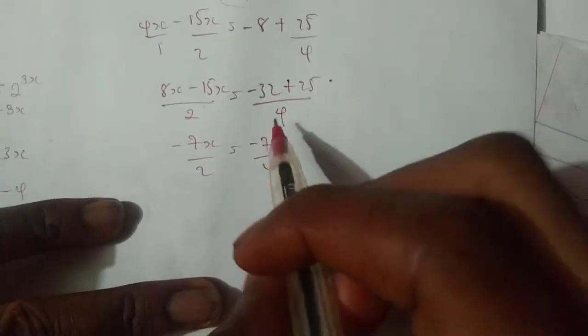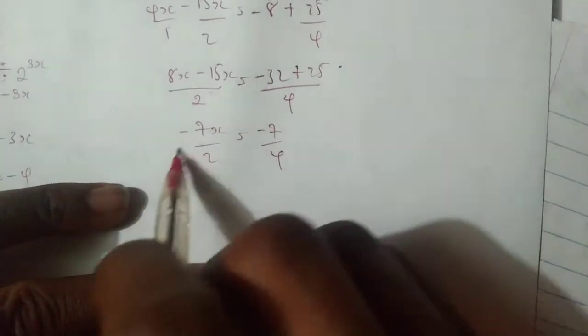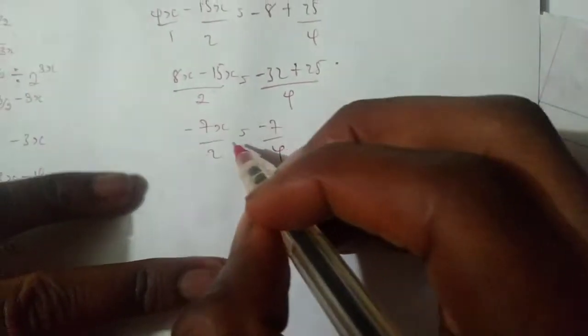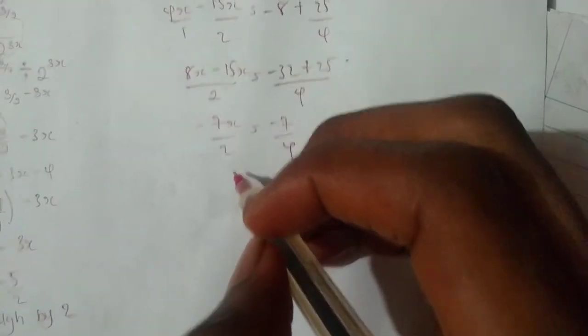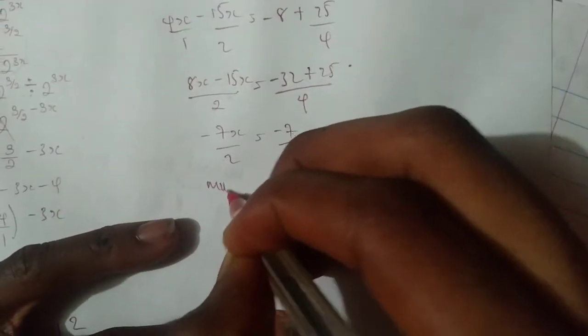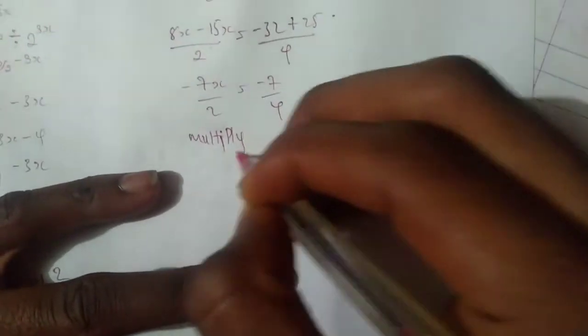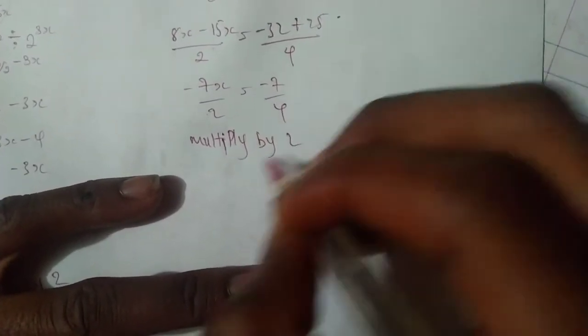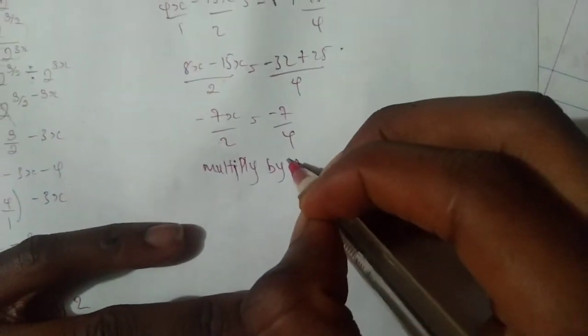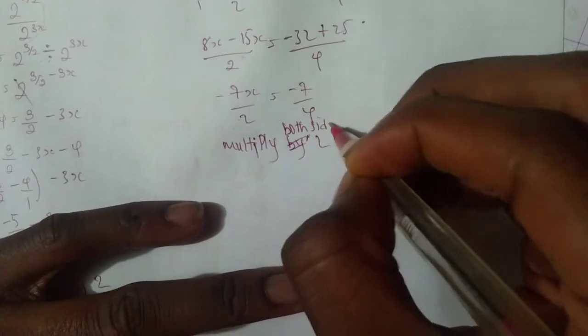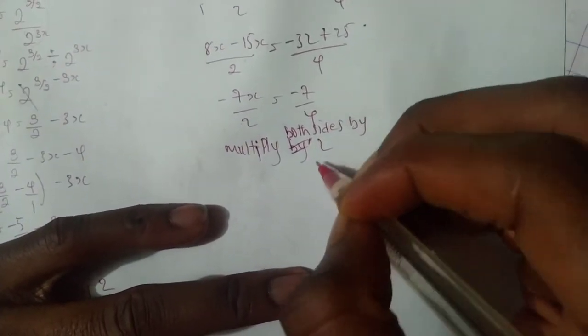So remember, we're looking for our x, so we multiply through by 2 because our 2 is delaying us from finding our x. So we multiply both sides by 2.